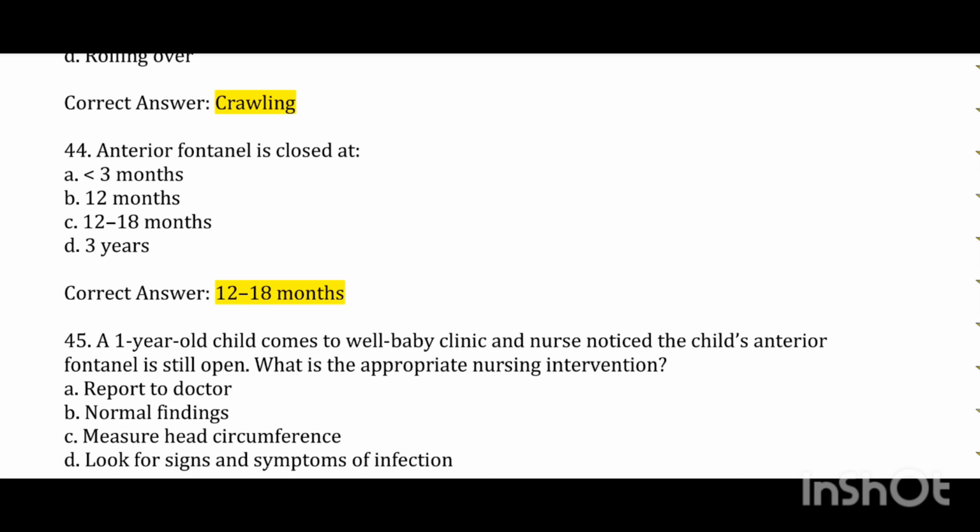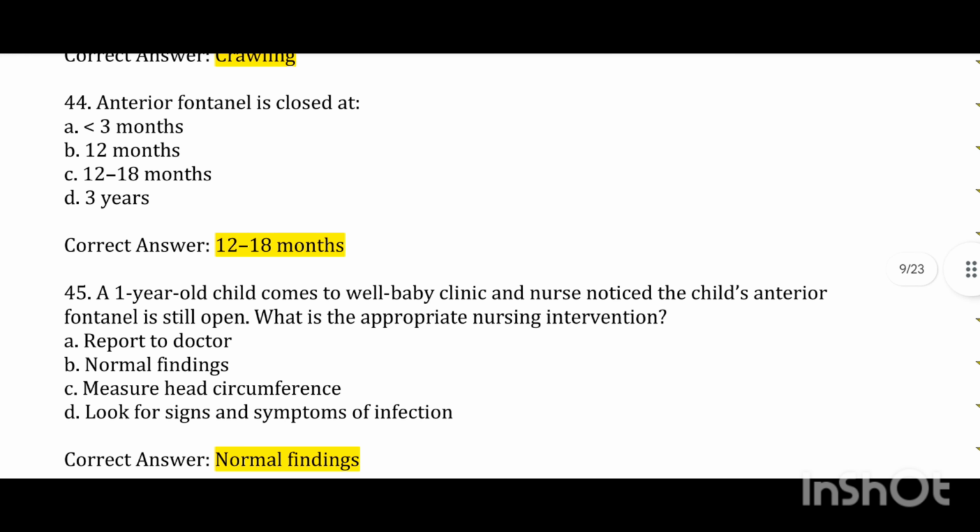Any guess? The correct answer is that it's a normal finding. As you know, the anterior fontanelle is closed at 12 to 18 months. That's why it's a normal finding.